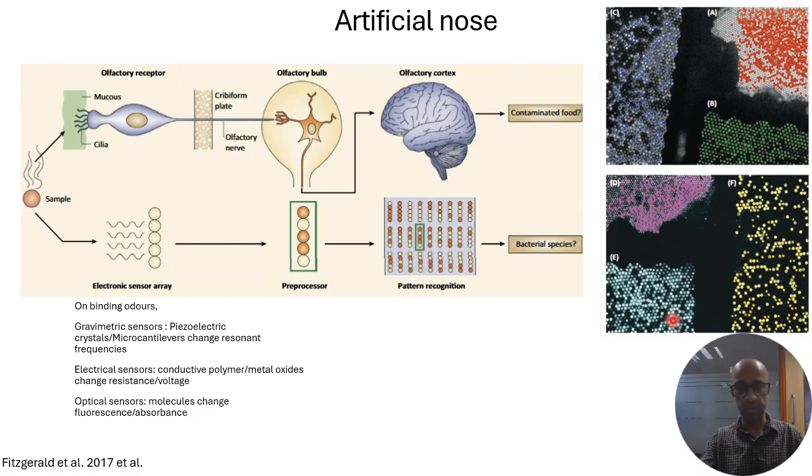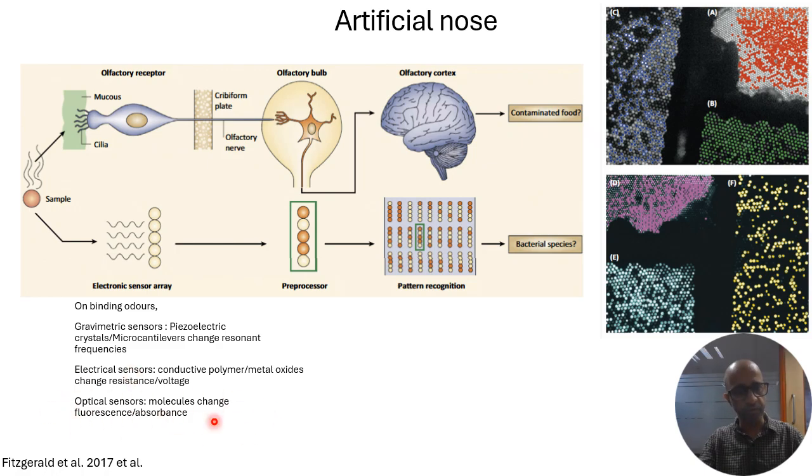So you can see there are hundreds of these fibers with different responsive molecules coated onto them, and you can look at just the pattern of activation of these fibers in order to figure out which odor was being presented. So those were the optical sensors that we were talking about, right?